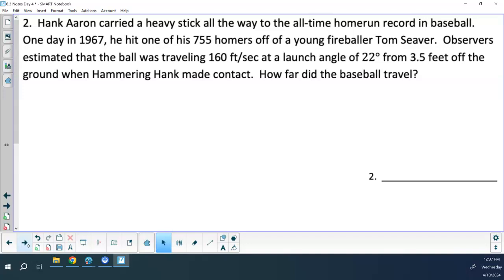Okay? Find me how far the ball travels. Actually, here we go. Perfect.